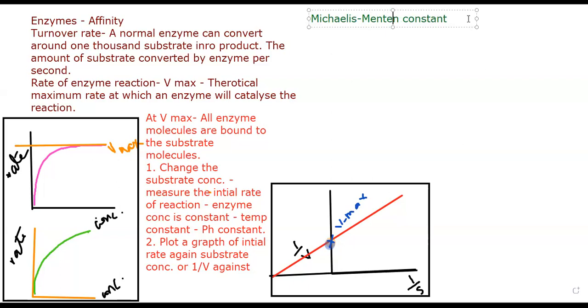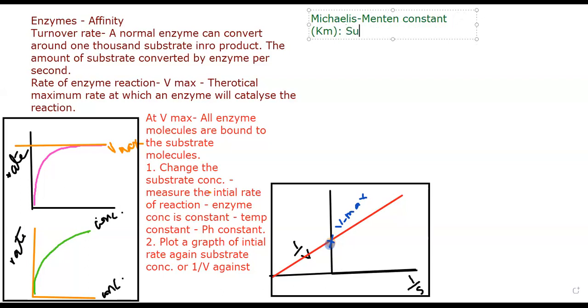So the next piece of information that I can get from this graph is I can find a particular constant that is the Michaelis-Menten constant, and the symbol for this is Km. Okay. Now, what actually is the Michaelis-Menten constant?